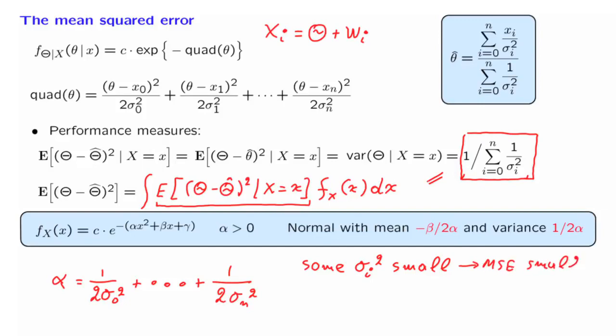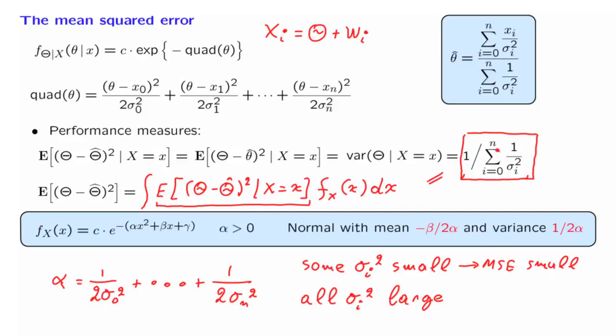What this is saying is that if just one of the measurements has low noise, then the uncertainty that remains for my random variable that I'm trying to estimate will be small. I'm going to have a small error. On the other hand, if all of the noise variances are large, then all of these terms here are going to be small.